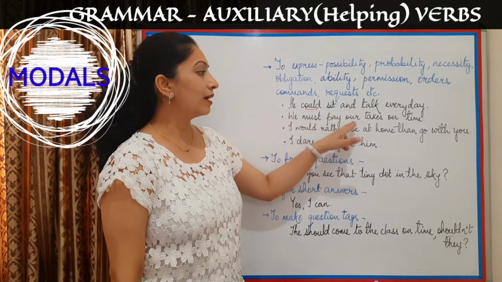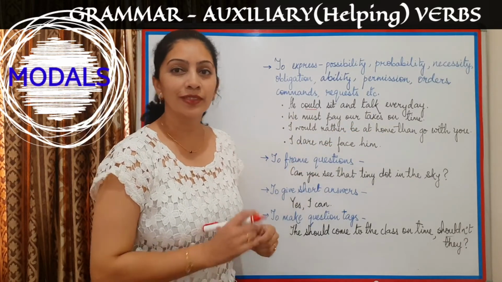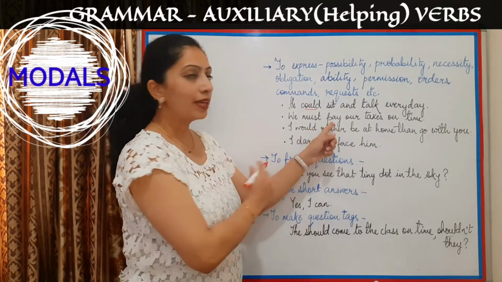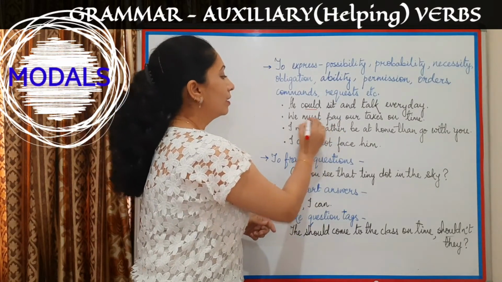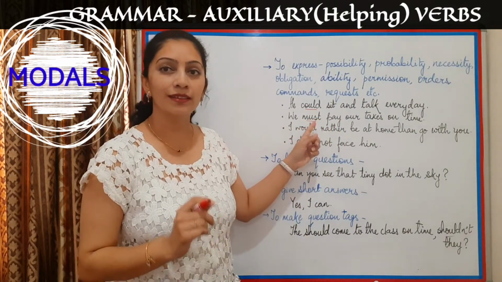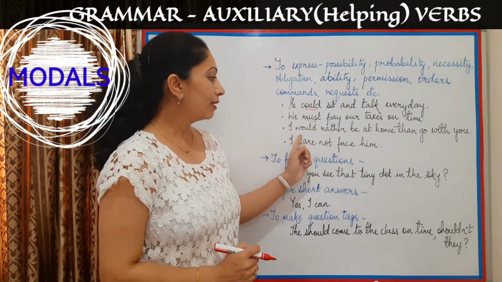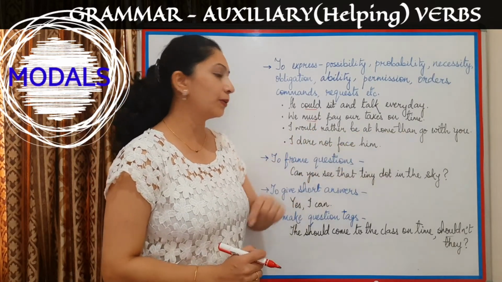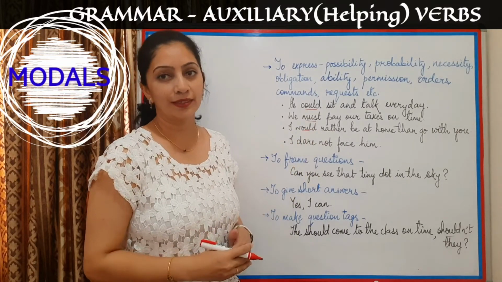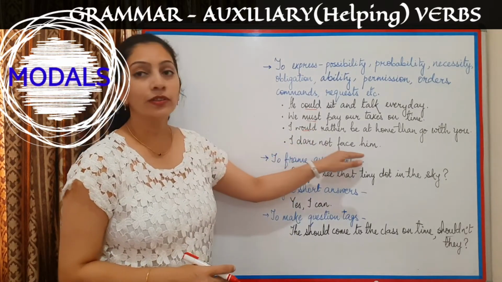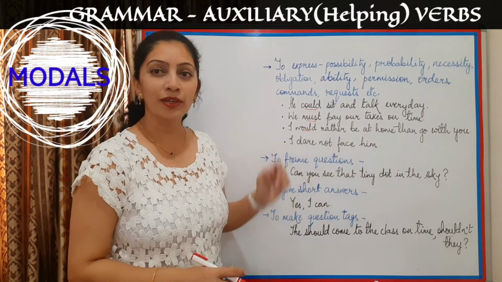We must pay our taxes on time. So because pay here is a main verb, must is an auxiliary verb. So it's a modal auxiliary verb. I would rather be at home than go with you. So here would becomes the modal auxiliary. I dare not face him. So what is the modal auxiliary here?